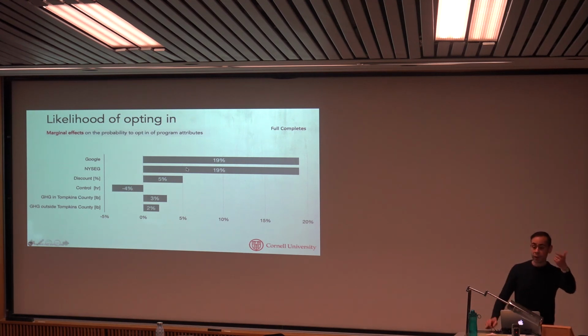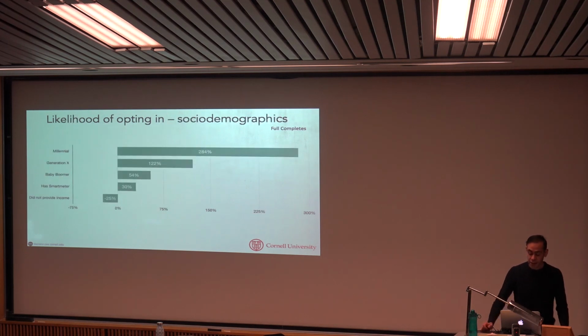If we add 1 more hour in the time frame to allow the utility to decide when to charge the car, then people are 4% less likely to join. And emissions are associated with a higher probability of joining. In some ways, more striking than these results is the generational divide.